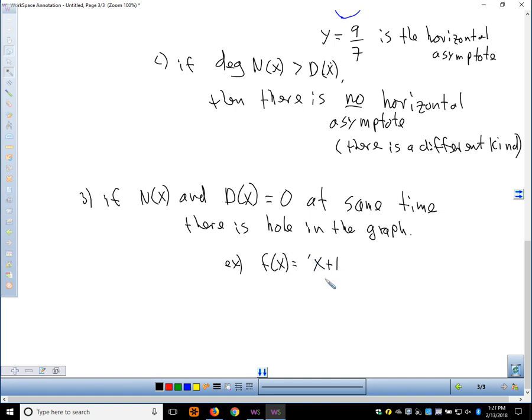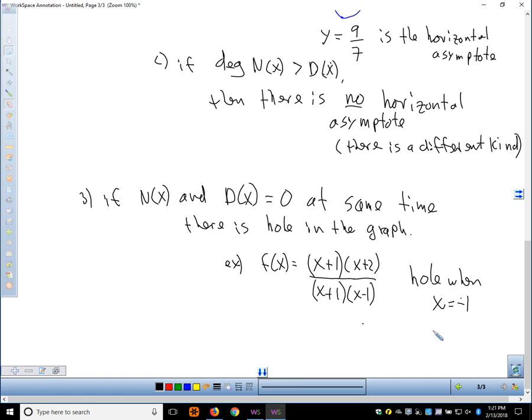x plus 1 times x plus 2, after we factor our numerator, over x plus 1 times x minus 1. The numerator and denominator both equal 0 when x equals -1 because we have this factor in the numerator and denominator. So there is a hole when x equals -1 because the numerator and denominator are 0 at the same time.